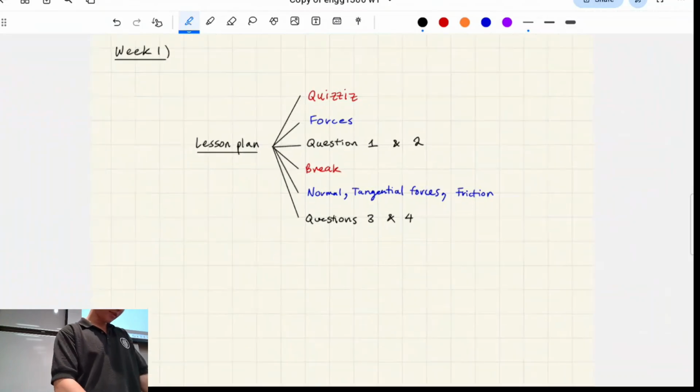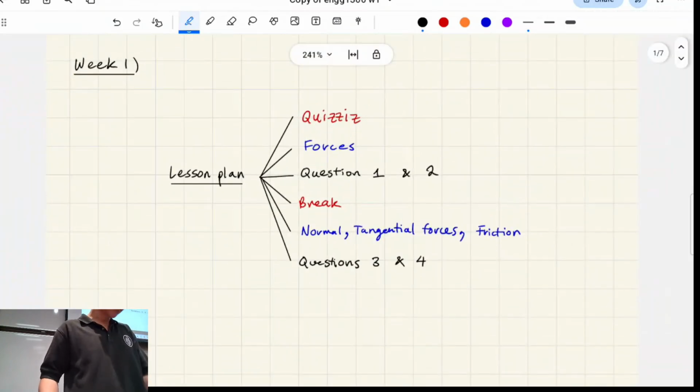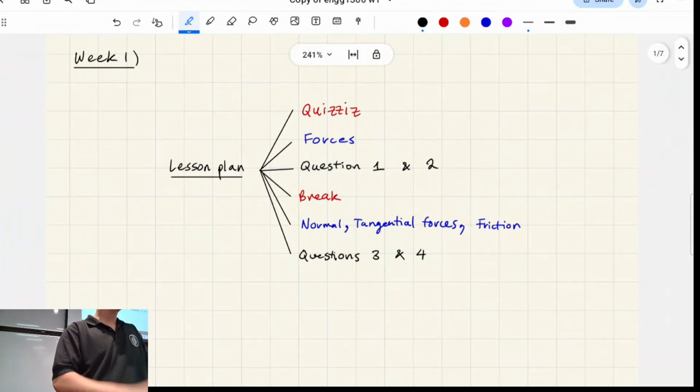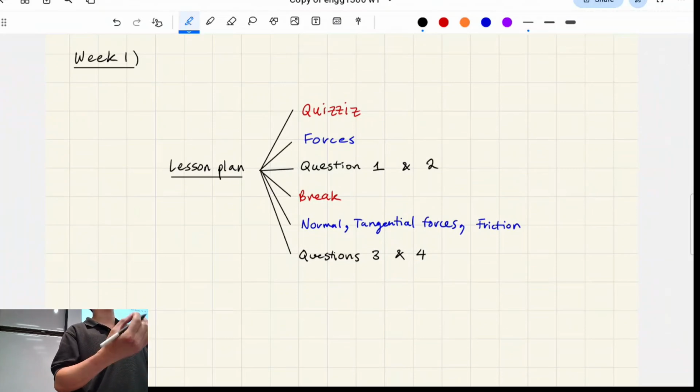So I've got a bit of a lesson plan here. The first thing I would like to do is start with a quiz. It's basically like a Kahoot, but Kahoot nowadays, you can't have more than 10 people join, so I don't like it anymore. It's a premium feature. Then I'm going to do a bit of a theory overview, because sometimes the lectures can be overwhelming, with a lot of pure physics.